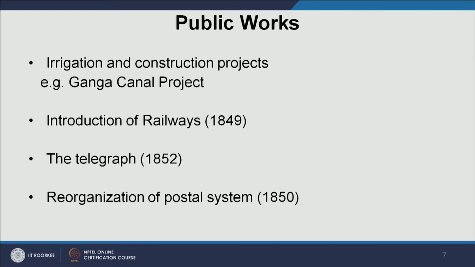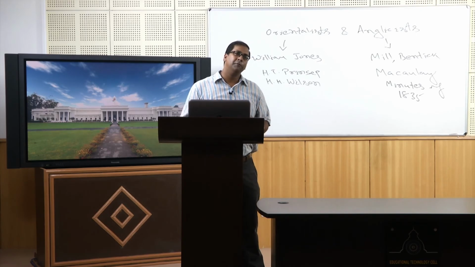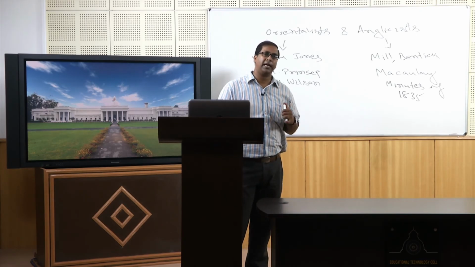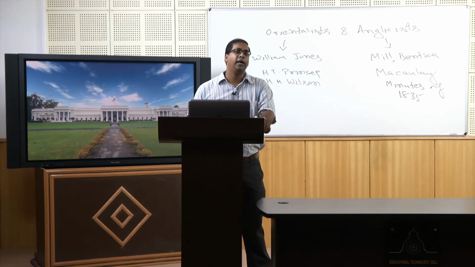Then around that time there was a lobby for introduction of railways, telegraph and a reformed postal system. This lobby was basically a reaction to the industrialization that was taking place on a massive scale in Britain, and the advantages that they could get out of it.